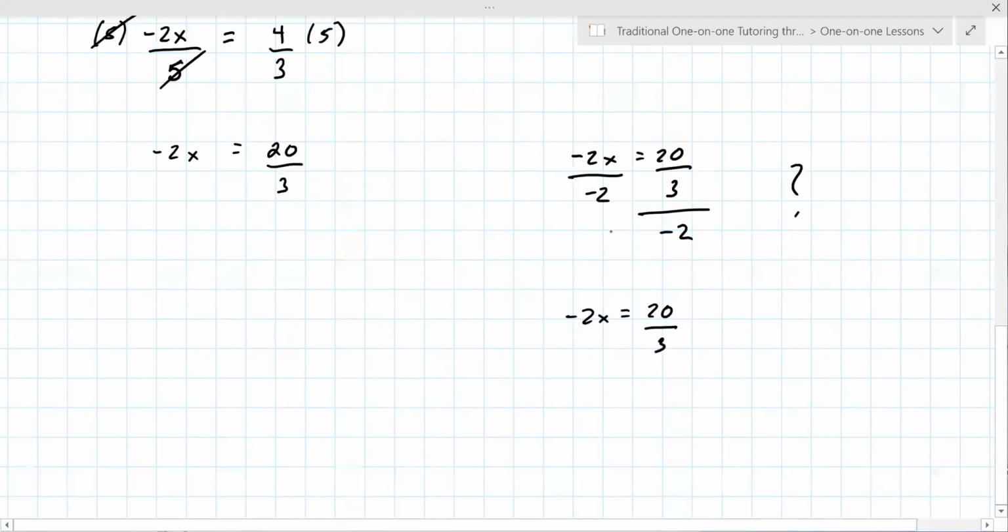If you haven't figured it out by now, dividing and multiplying are kind of the same. If you multiply both sides by -1/2, do you see how it's the reciprocal of this? So -1/2 times -2 just becomes x.